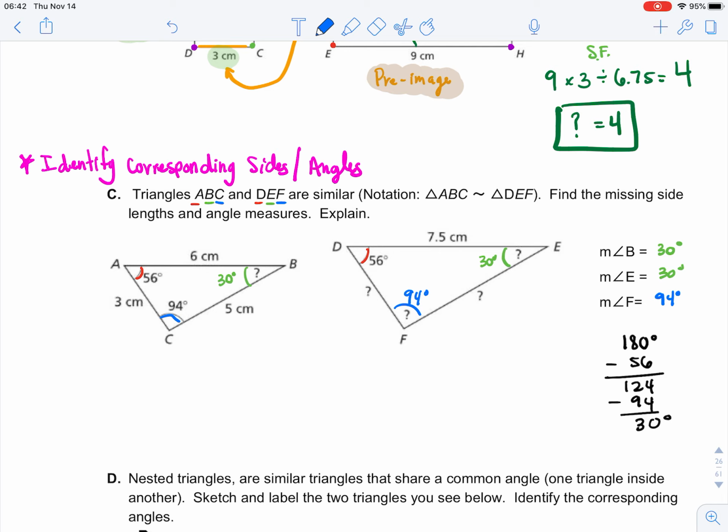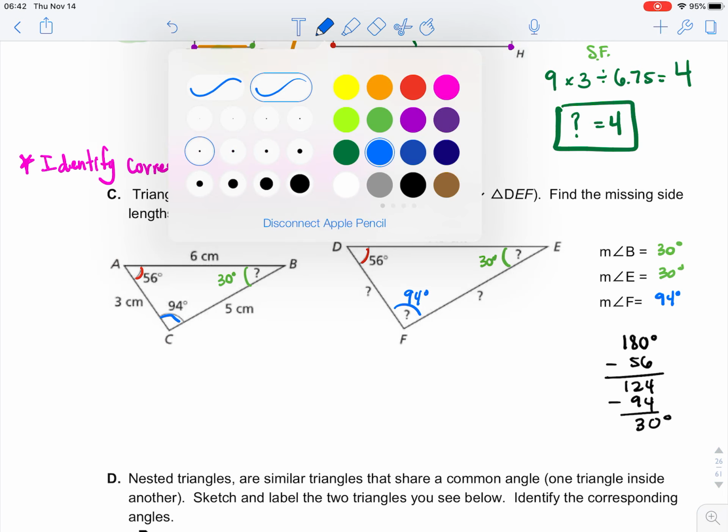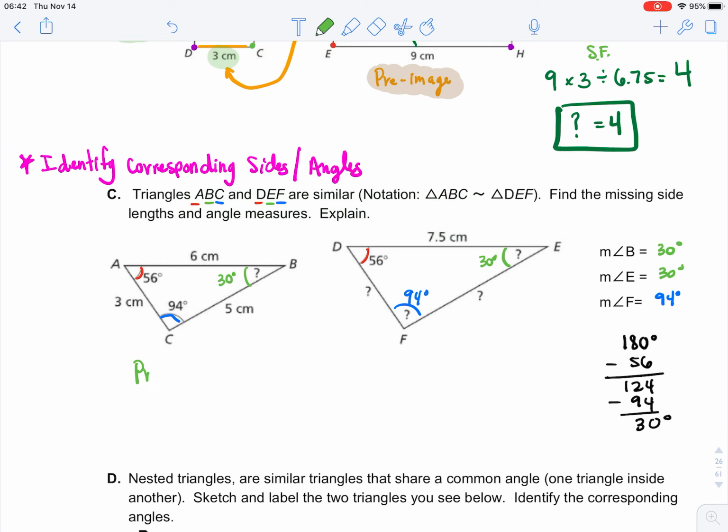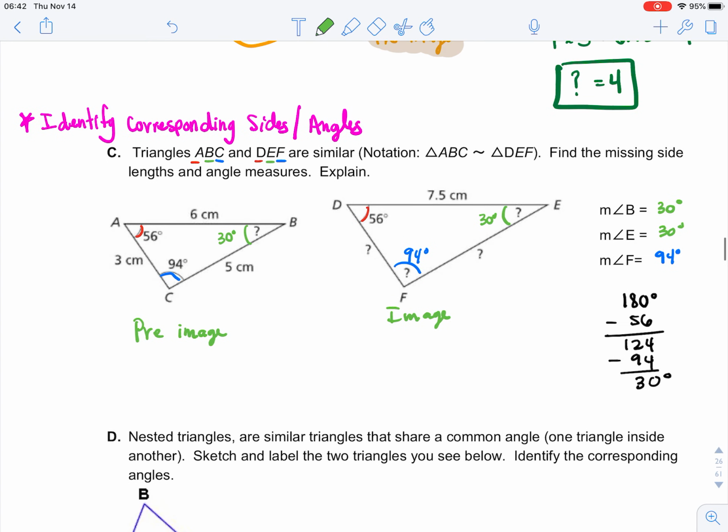All right, the missing side lengths. So what you'll notice is we know all of these. This whole one is our unknown. That means that this one is our pre-image, and this one is our image. Going from one to the next, I'm going to use anything I know both data for.